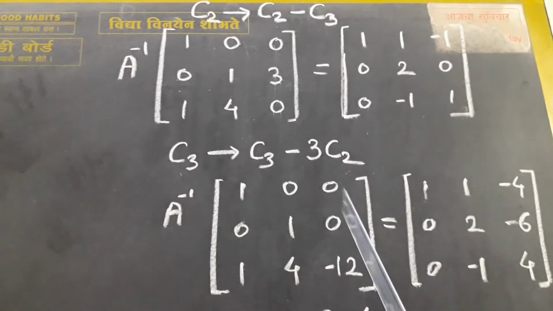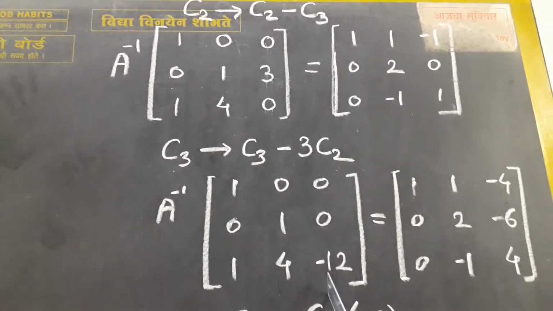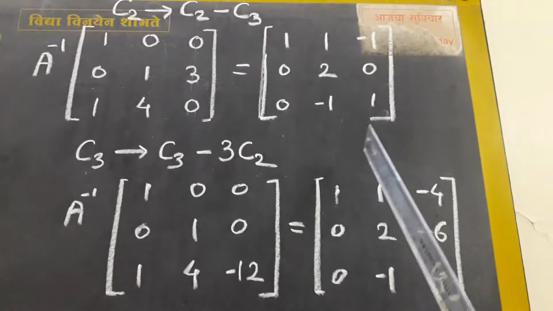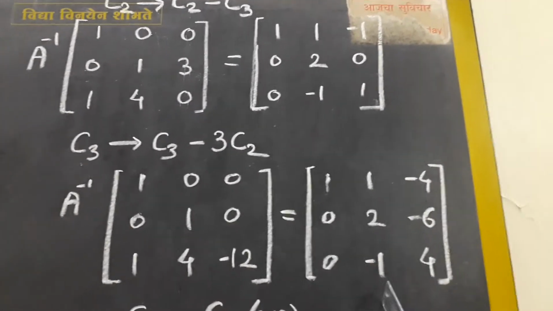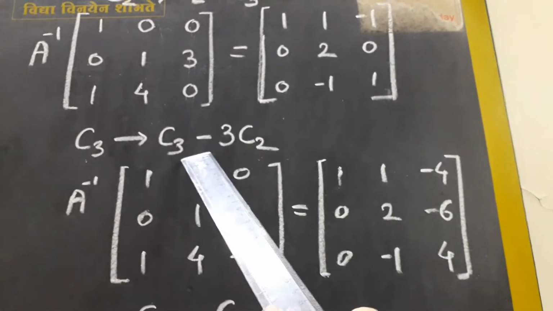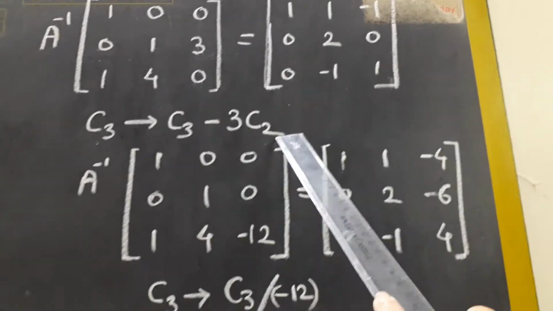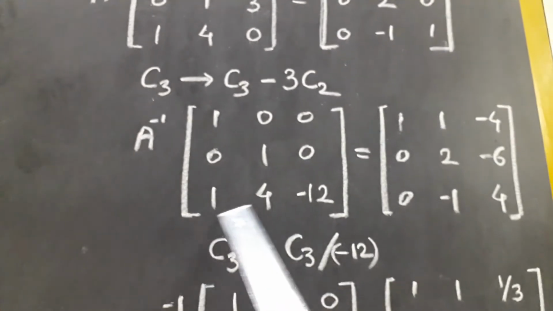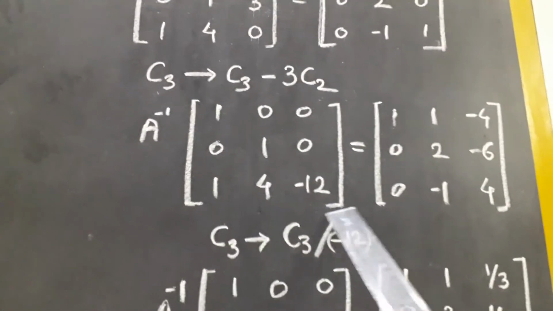Here we are getting it in the third column in this way, and in the same manner the first two columns we have written as they are, repeated, and the third column we are changing using the transformation. Now, once again, we are going to complete the third row.